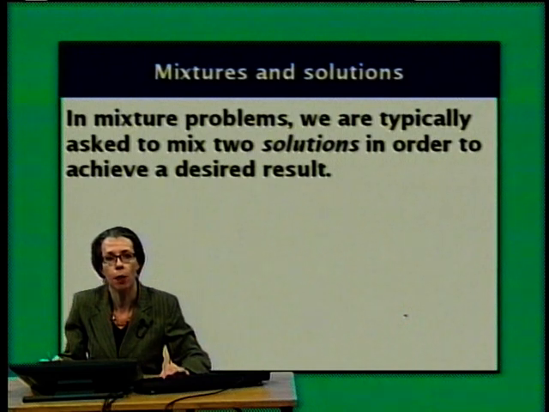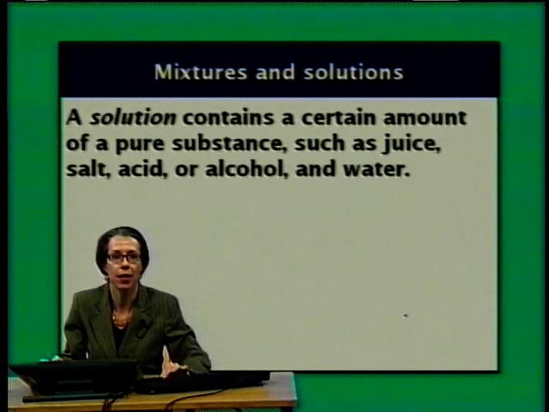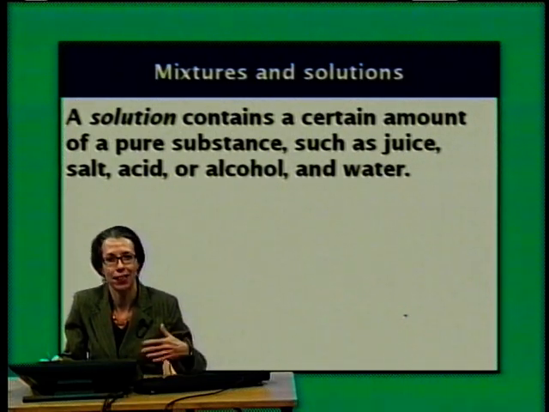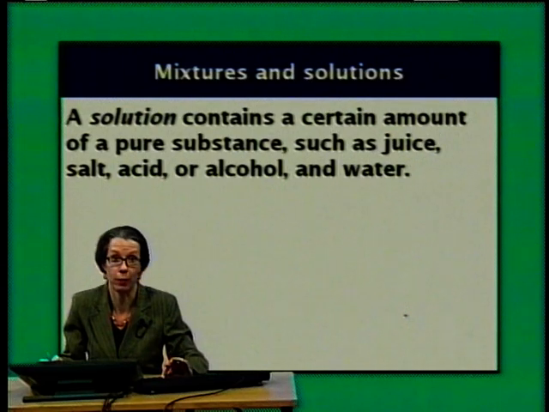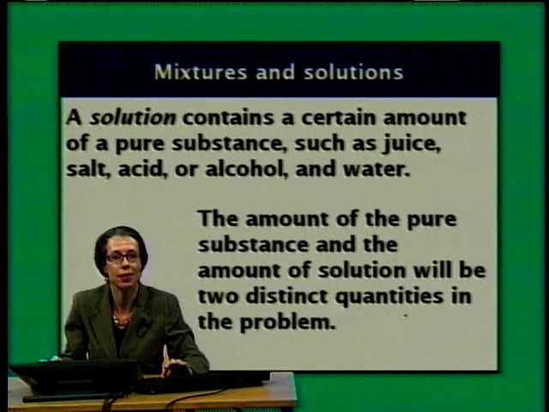In mixture problems, we're typically asked to mix two solutions in order to achieve a desired result. A solution contains a certain amount of pure substance. It might be juice, salt, acid, alcohol, and a bunch of water thrown in, or maybe some corn syrup. The amount of pure substance and the amount of solution will be two distinct quantities in the problem.